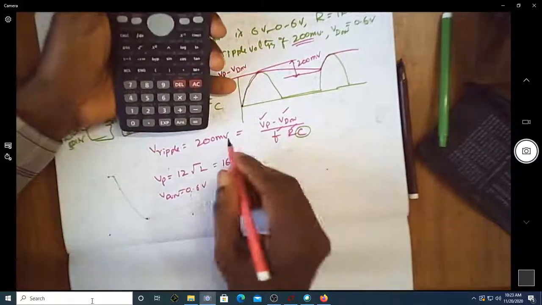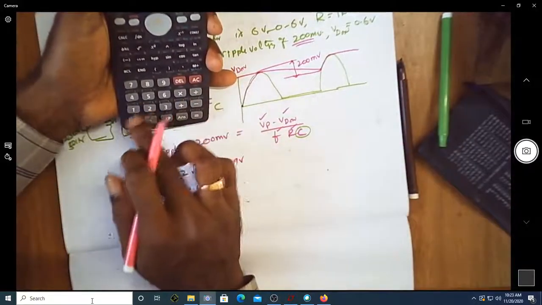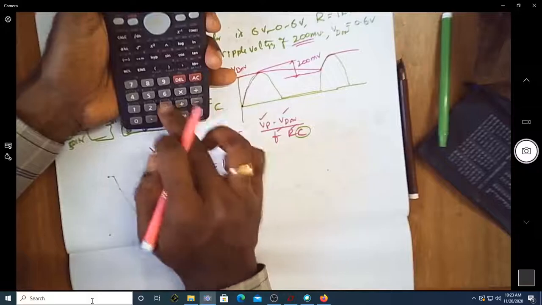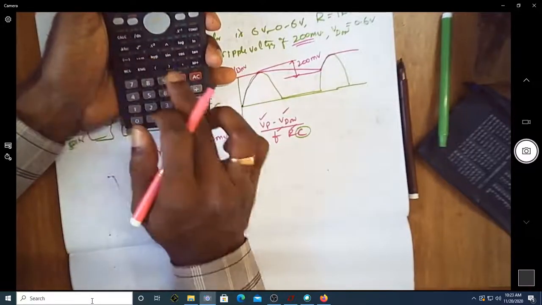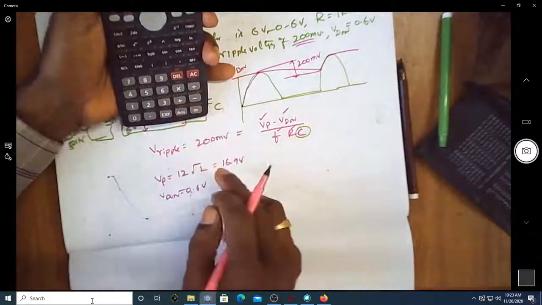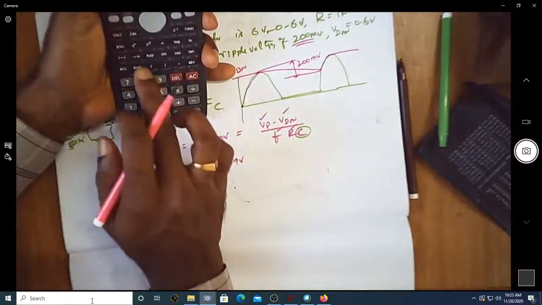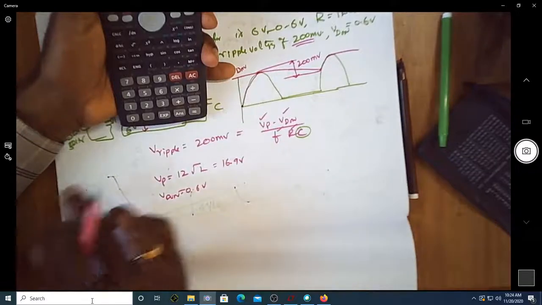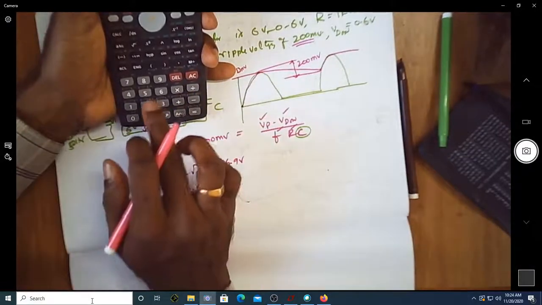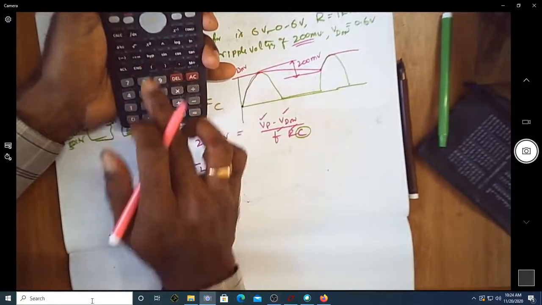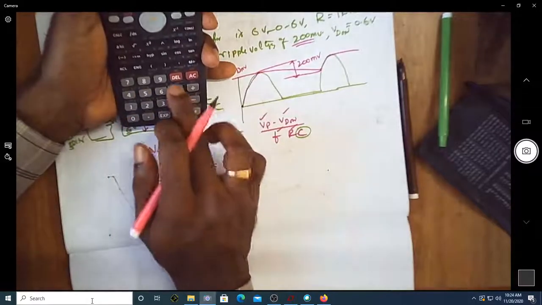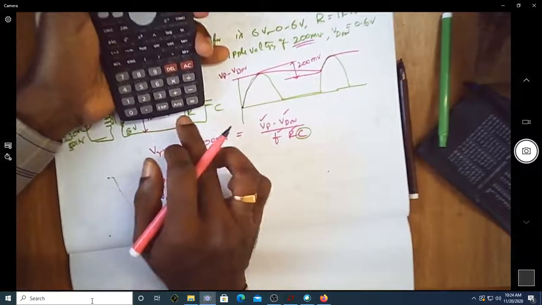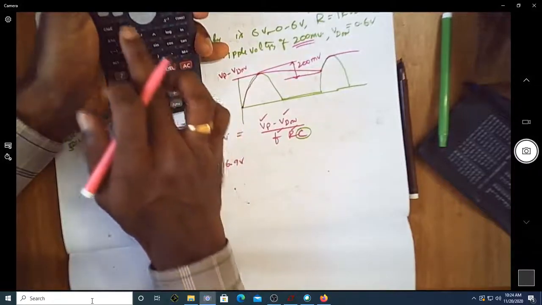Now we can actually find the value of C. So 200 times 10 to the power minus 3 equals (16.9 minus 0.6) divided by (50 hertz into 1 times 10 to the power 3 into C).